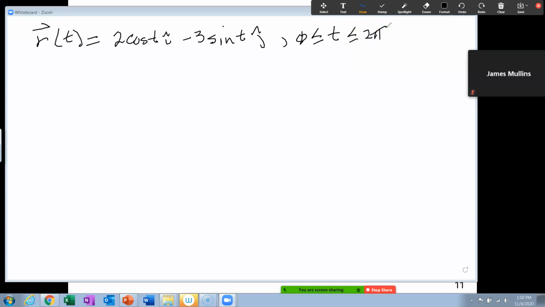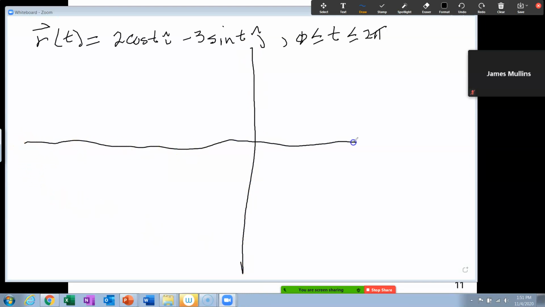Now this is going to be a plane curve, so all we need is the xy axis. There's going to be the vertical axis. Here's going to be the horizontal axis. I'm going to pull a little seniority on you here.